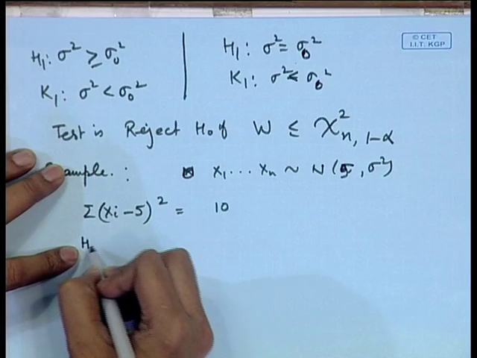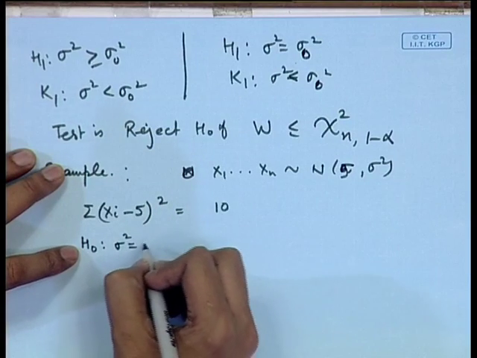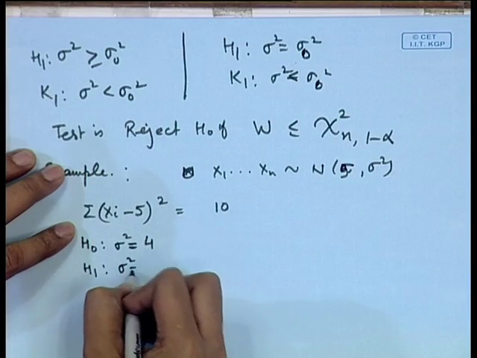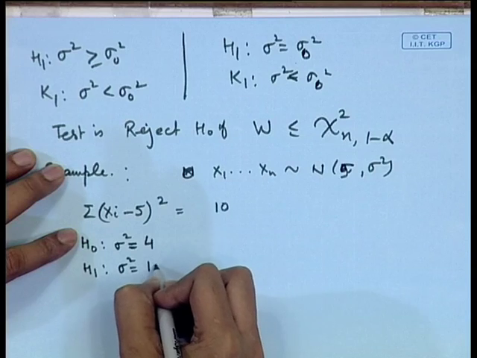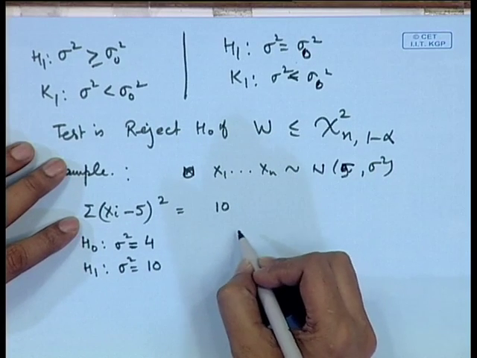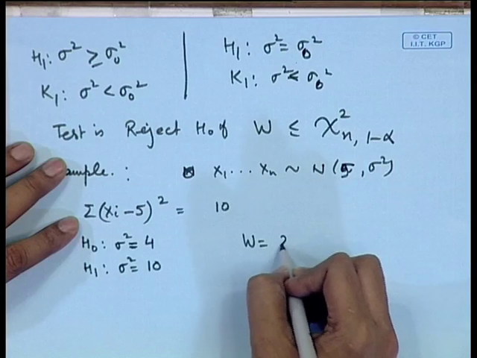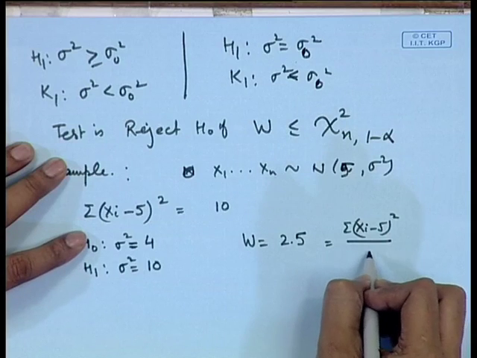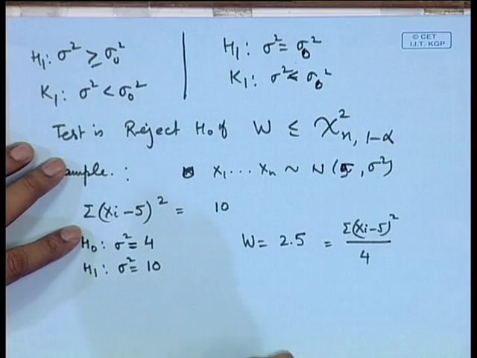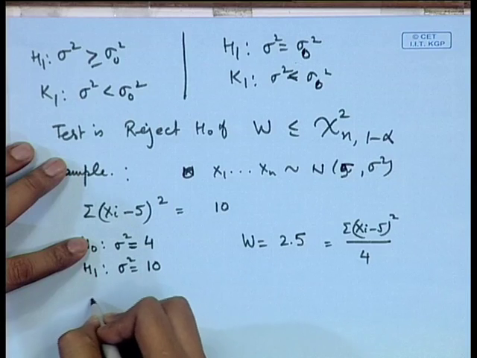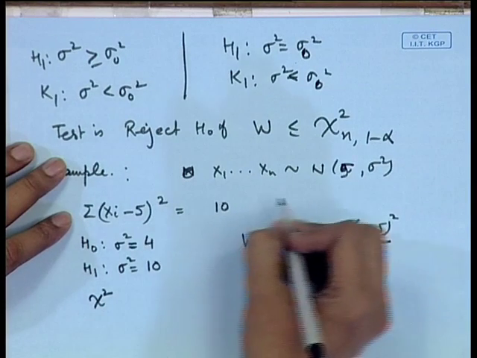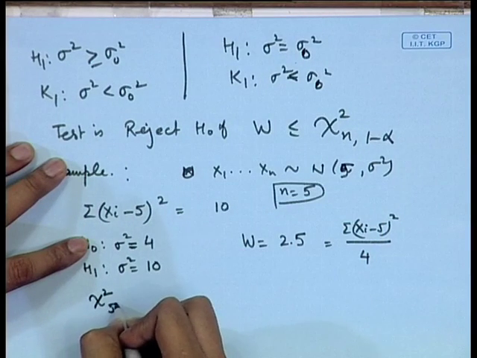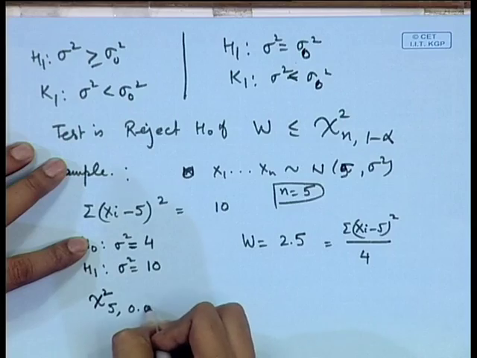We are testing the hypothesis, say H naught: sigma square is equal to say 4 against H 1: say sigma square is equal to maybe 10. So, if we look at the value here W, that value will become equal to 2.5, that is sigma of x I minus 5 square by sigma naught square, that is 4, that is equal to 2.5. Now, we have to compare with the chi square value on, suppose I am taking n is equal to 5, then I have to see chi square 5 at alpha, suppose I say alpha is equal to 0.05.